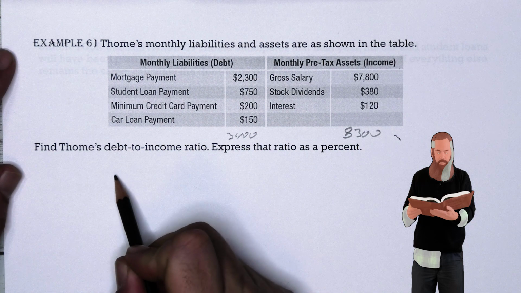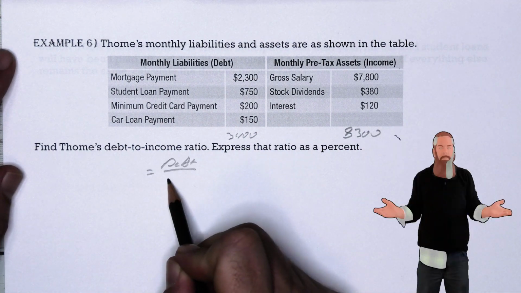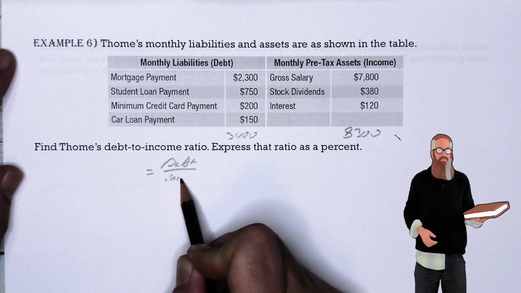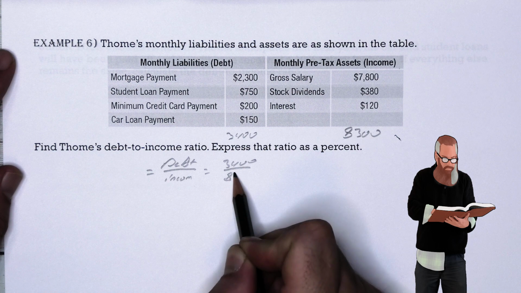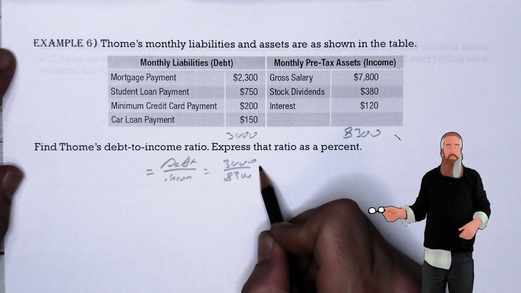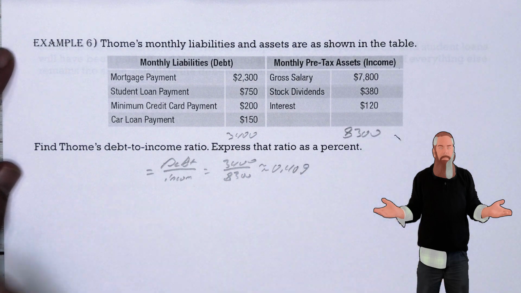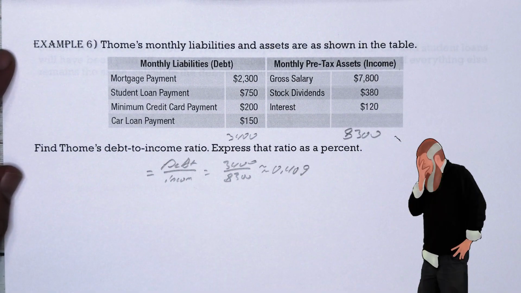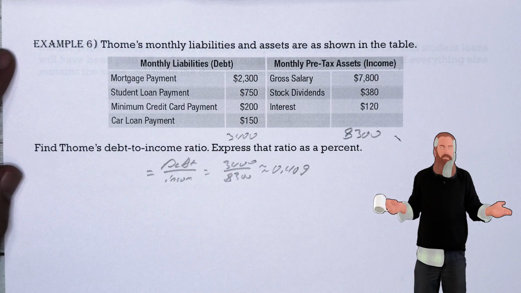Now, the debt-to-income ratio is their debt divided by their pre-tax income. So, $3,400 divided by $8,300 gives us approximately 0.409, meaning Thome's debt-to-income ratio is approximately 40.9%, which is very high.